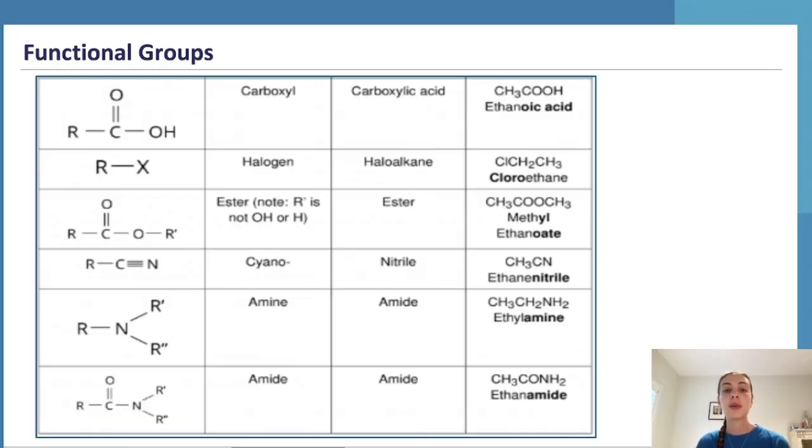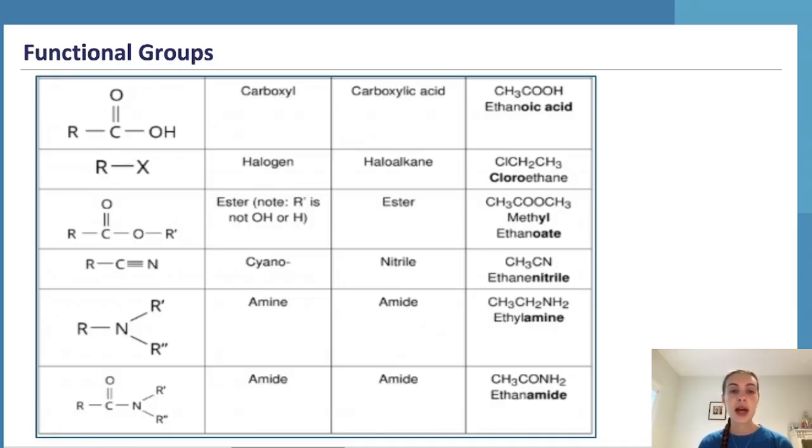The first carbon would have 3 hydrogens bonded to it. The next carbon would have the double bonded oxygen to it, and then a single bonded oxygen in the middle of the chain. And so that forms the ethanoate part. Then from that single bonded oxygen in the middle of the chain, you'd bond a carbon to it, and then bond 3 hydrogens to that carbon to form the methyl part of the molecule.